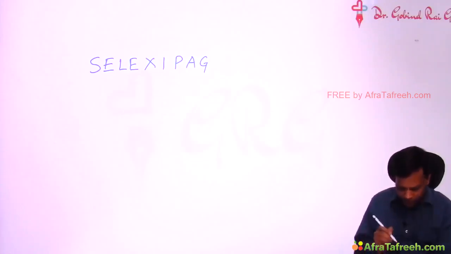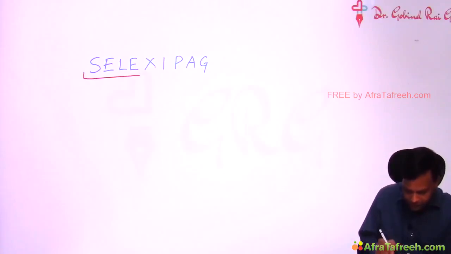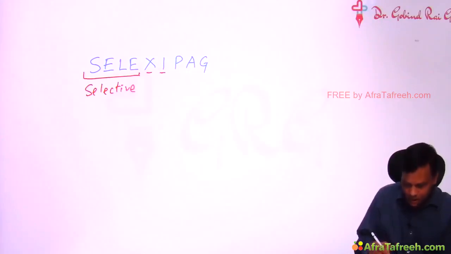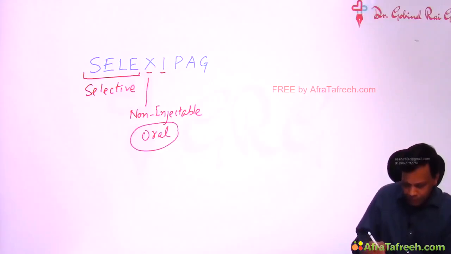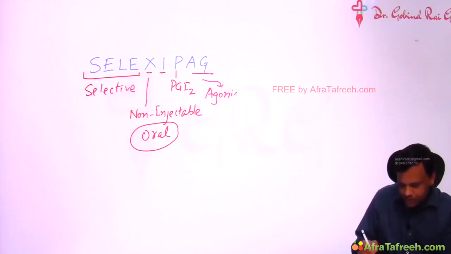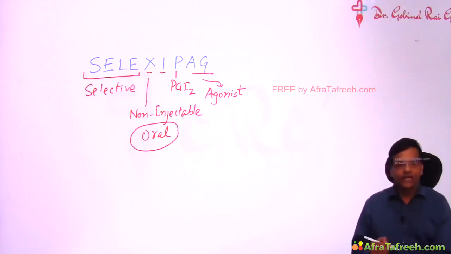And from the name you can remember: SELE is selective, X means cross, I means injection, so cross-injection means non-injectable. Non-injectable means oral. This can be given orally. Prostacyclin agonist. So the name tells the complete mechanism. It is a selective, non-injectable prostacyclin agonist, so it can be given orally and works like prostaglandin.